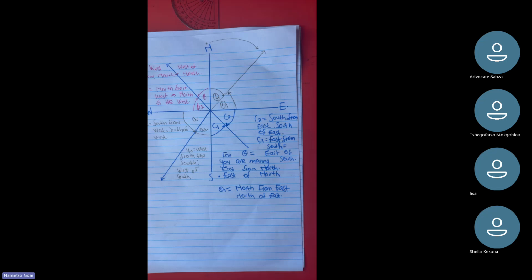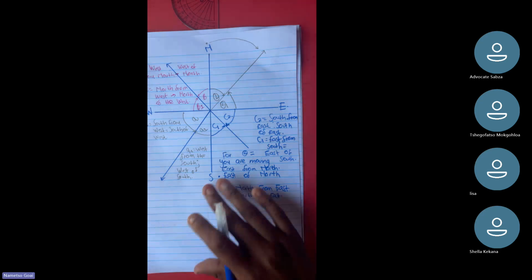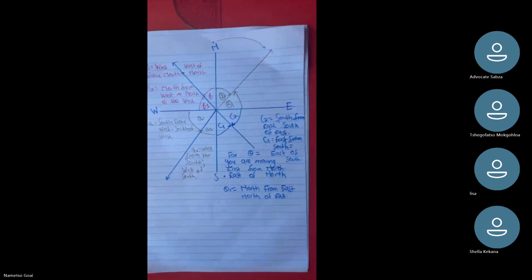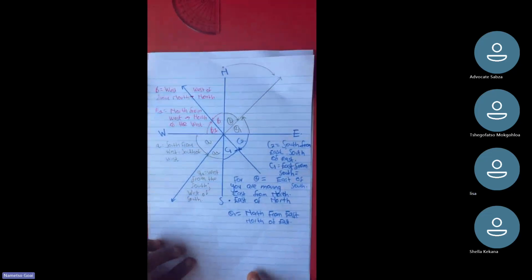So it's moving south from the east, so you're going to write it as south of east. Does that make sense? Yes, ma'am. Does everybody understand? Okay, great. So this is our first one, right?